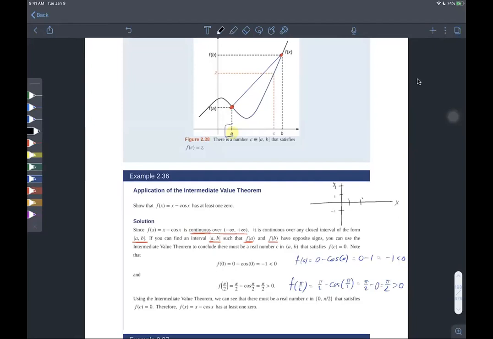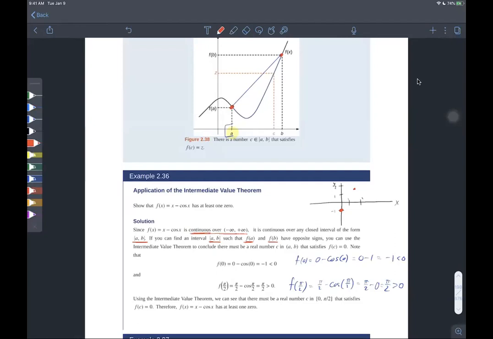So one of my points, I'm going to graph it in red, is 0, negative 1. And the other point is pi over 2, comma pi over 2. So I'm just going to use 1.5, comma 1.5 as my approximation. So we found these 2 points.